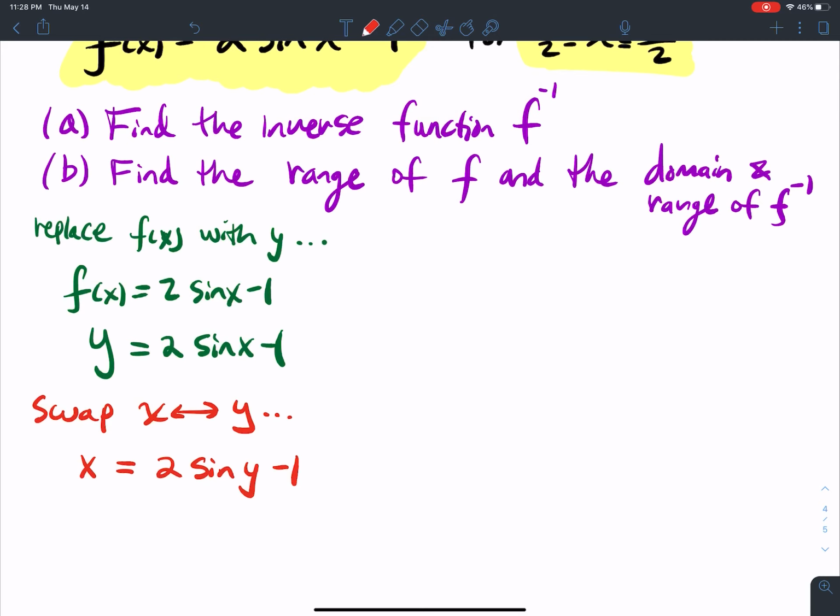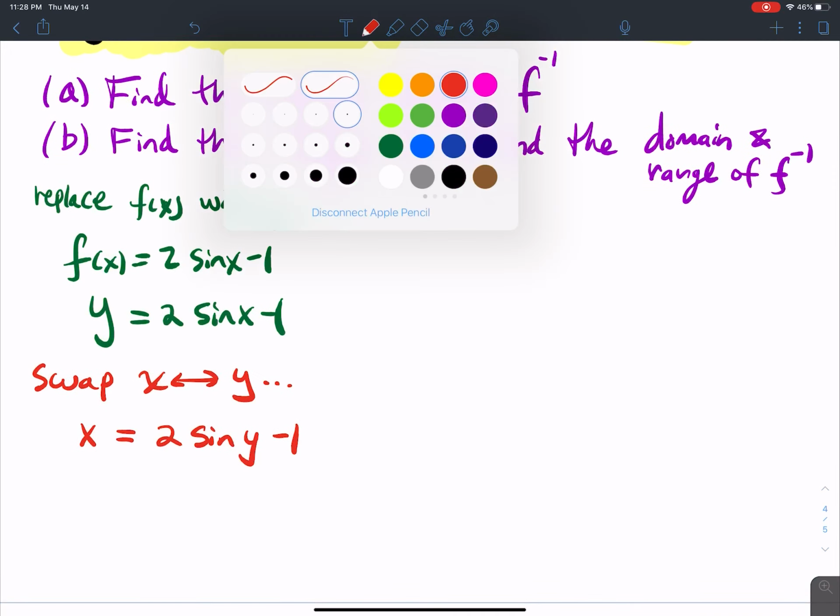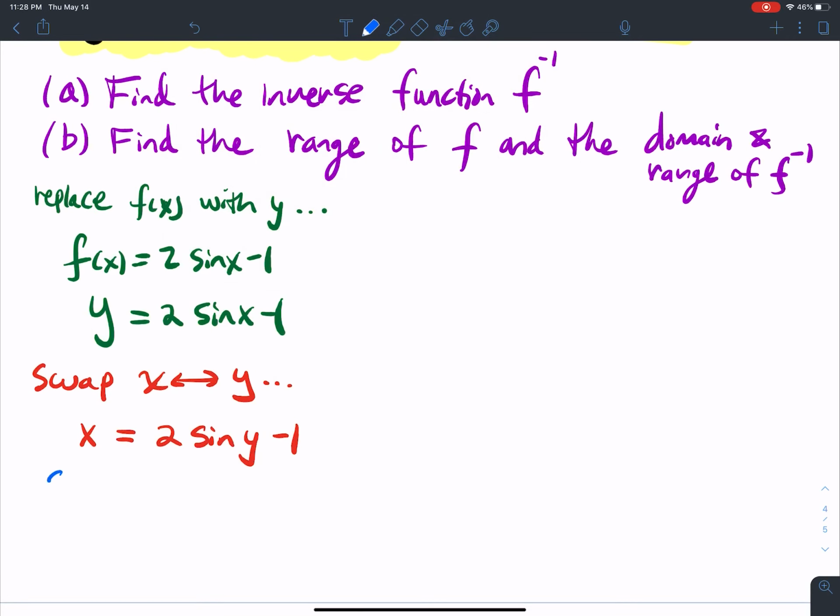Now what I want to do is solve for y. So easy steps here: replace f of x with y, swap x and y, solve for y.